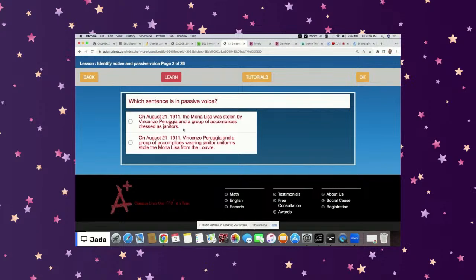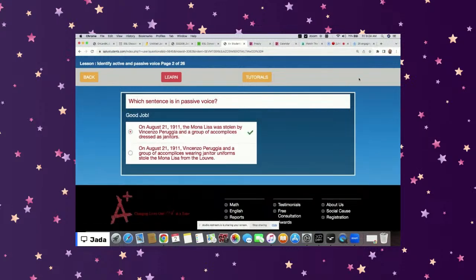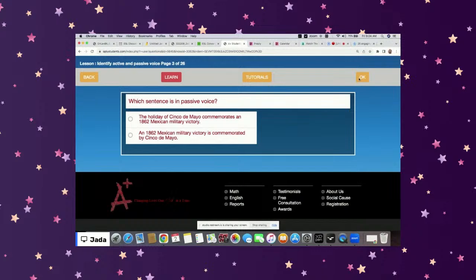Were stolen. So now this is rephrased also. Which one do we think will be in the passive voice? Remember that it needs to be receiving the action. So let's go with the first one. The first one is the correct one.